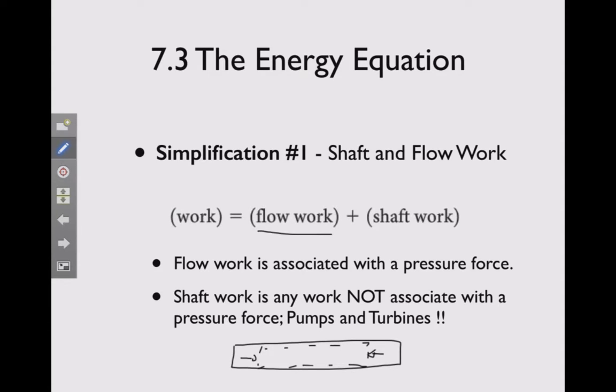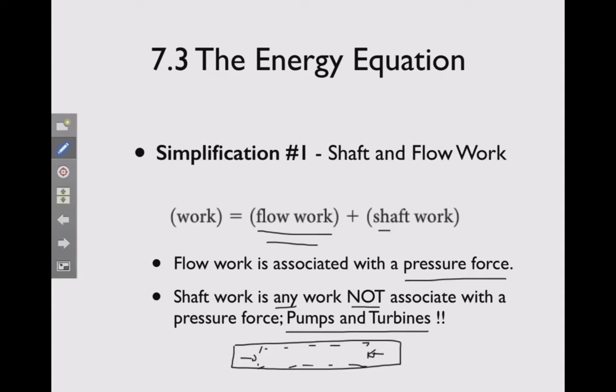We're separating the work out into the work done by the actual flow, the pressure in the fluid, versus work that might be done by a shaft. And shaft work is any work not associated with a pressure force. This is where we get pumps and turbines.